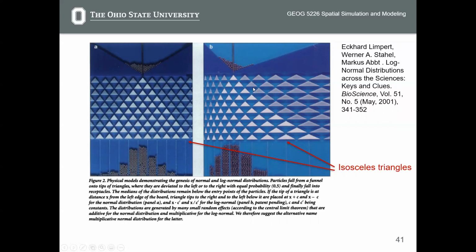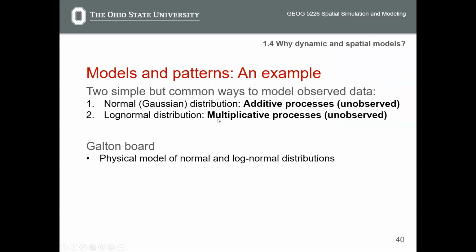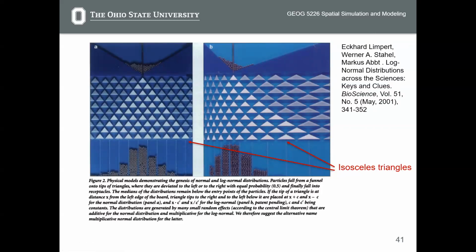So the first difference is that these triangles do not have the same size. The triangles on the right are larger than the triangles on the left, which means that these triangles are trying to make a process called multiplicative process. It means that the movement of a ball, or you can say the encounter of a ball and a triangle, is affected by the encounter before.